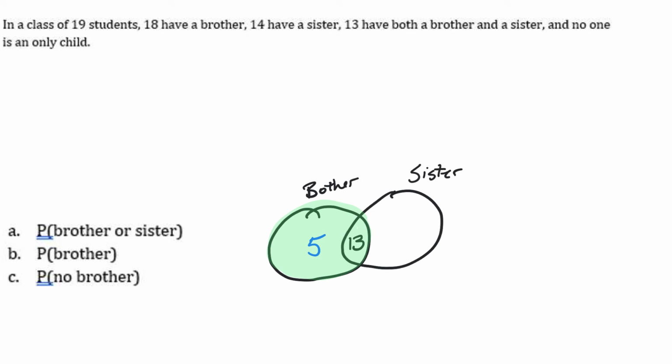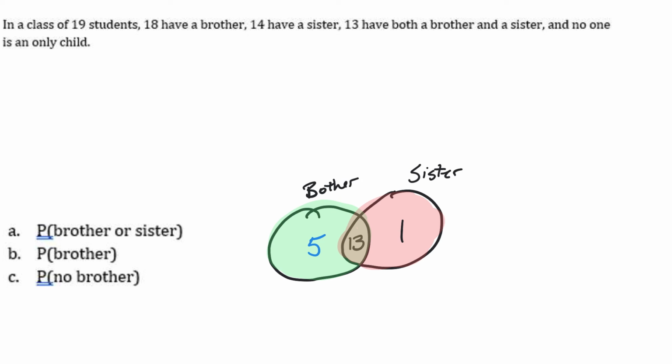Now, of the ones that have sisters, the circle right here consisted of 14. And 13 are in the overlap, which means there is only one person that only has a sister. And then the last part said there were no only children.